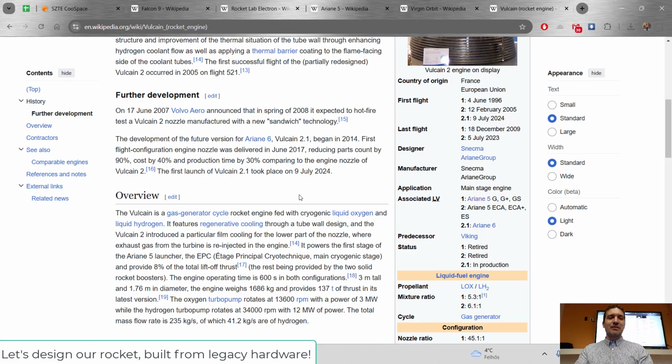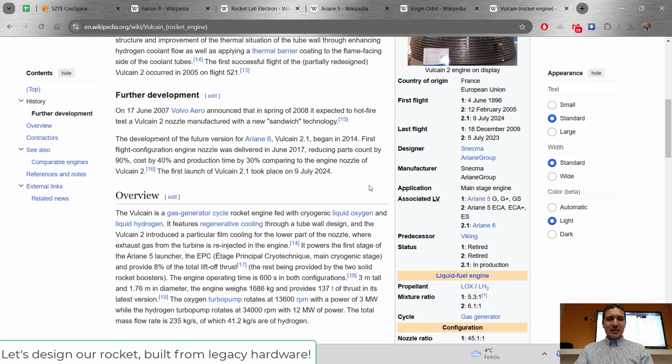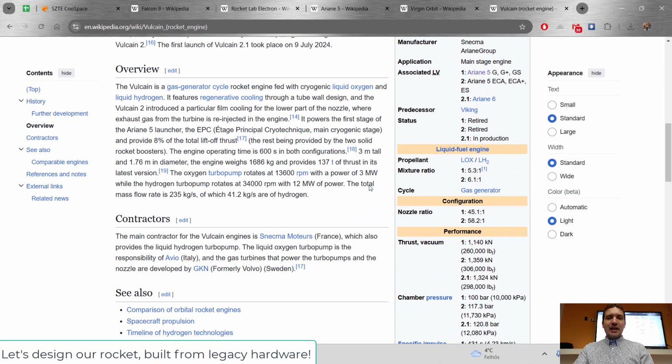So that's why people don't like to work with titanium, because all your manufacturing line must be changed to titanium components, subcomponents, and so on. So it's a nightmare. Okay.